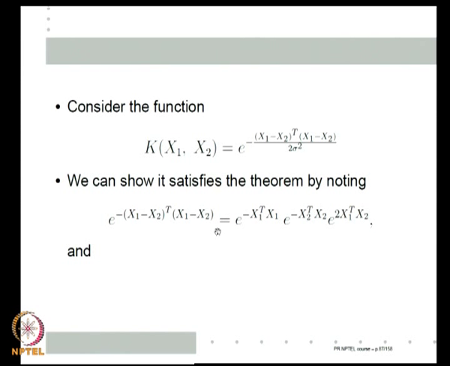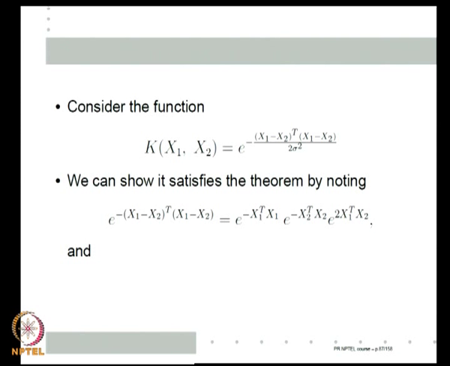This is a kernel because of e to the power of minus (x1 minus x2) transpose (x1 minus x2). If I expand this, I get an e to the power minus x1 transpose x1 term, an e to the power minus x2 transpose x2 term, and an e to the power 2 x1 transpose x2 term. And you have already seen what you have to do in Mercer's theorem. We have k(x1, x2) g(x1) g(x2) dx1 dx2. So, if k(x1, x2) can be perfectly factorized into a term involving only x1 and a term involving only x2, then I am done, because one goes with g(x1), the other goes with g(x2).